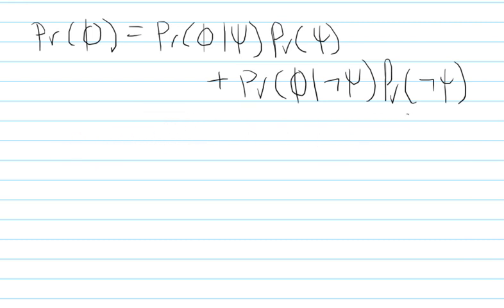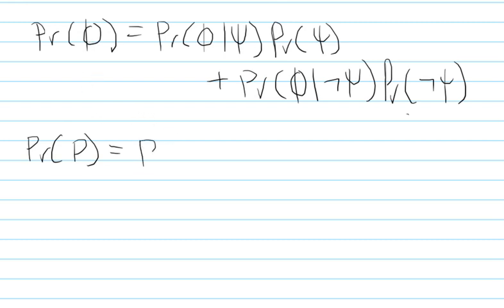The question at hand is, what is the probability that George will pass? We know the probability that he will study, the probability of him passing if he studies, and the probability of him passing if he doesn't study. If we let psi be S, him studying, we will see that we have all the information we need to fill out the right-hand side and calculate the probability of P, which stands for phi in this case.